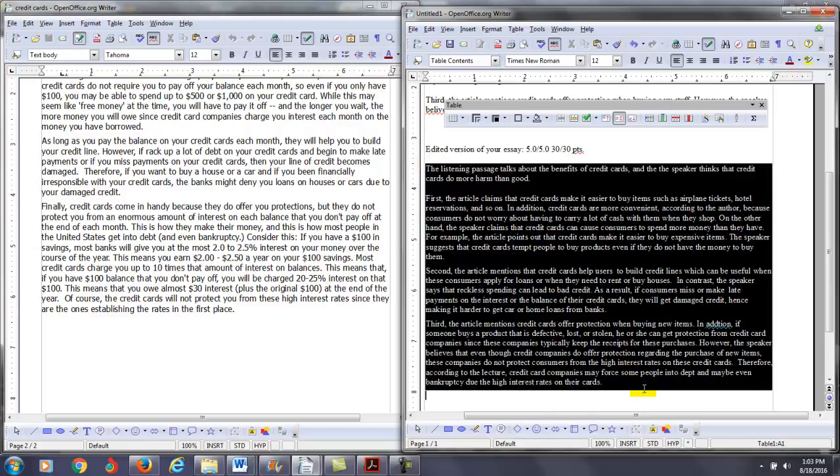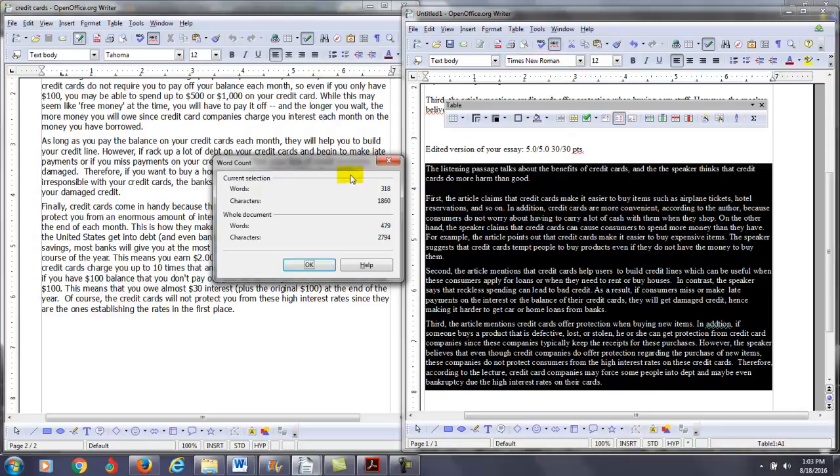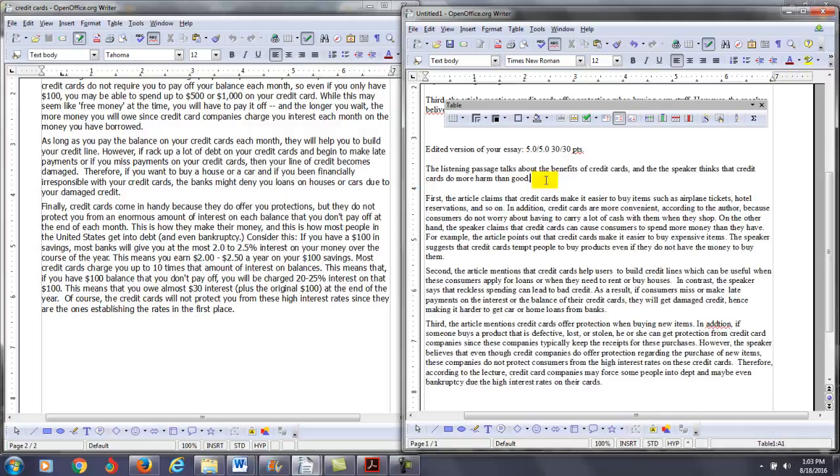Now we look at the word count here and we've gone up to about 318 words. So I'm just about doubling the number of words that you had in your original essay. So this shows that we have a good understanding of the main points from the reading and the listening passage.